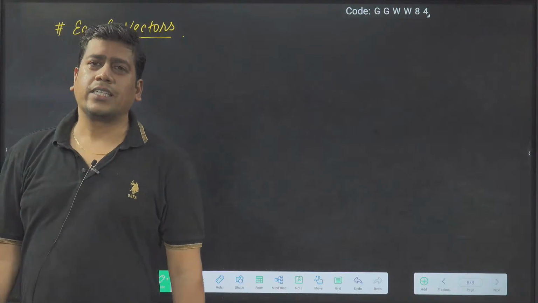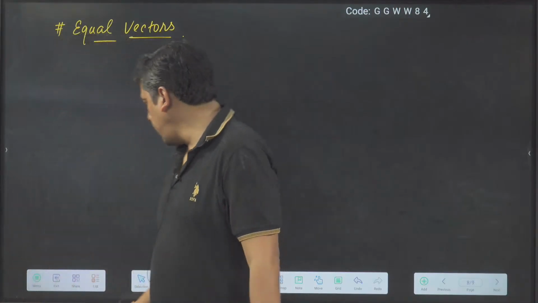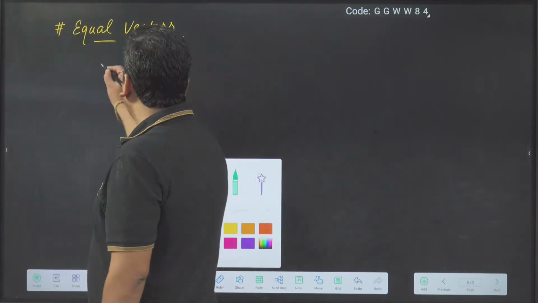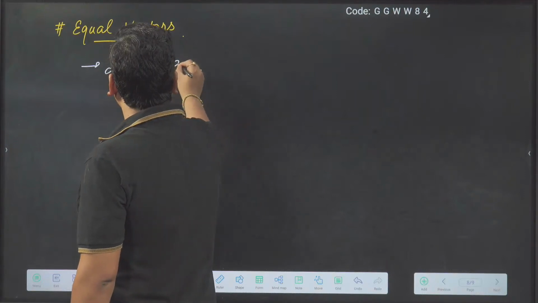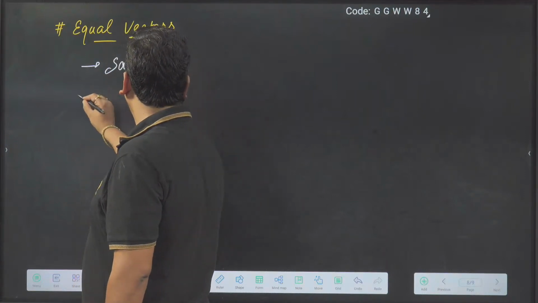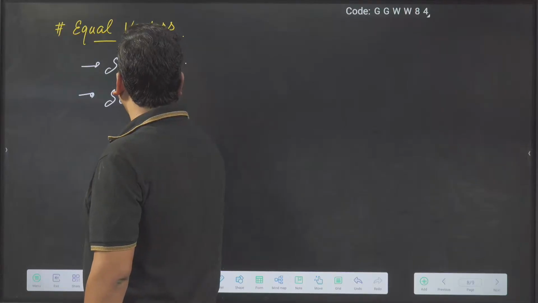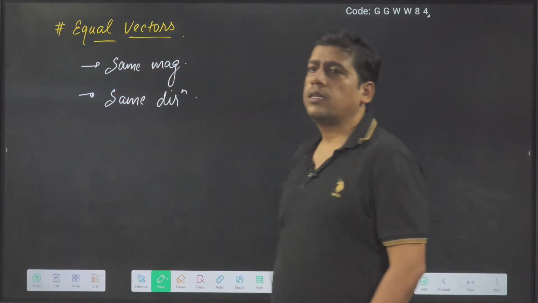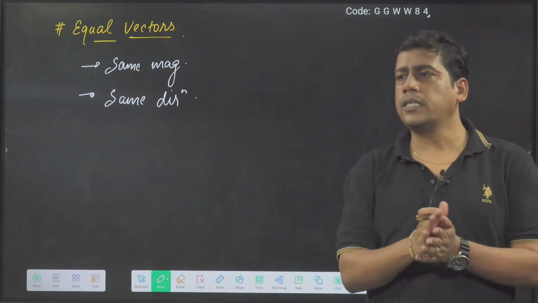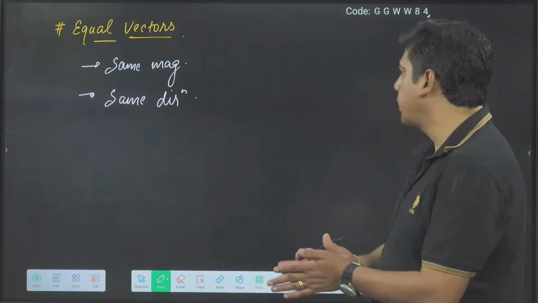Obviously, same magnitude, same direction. Same magnitude, same direction. Equal vector means same magnitude, same direction.